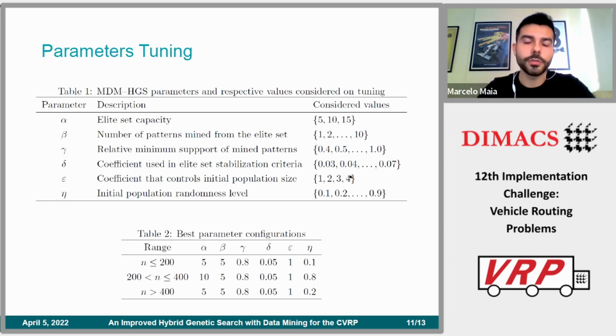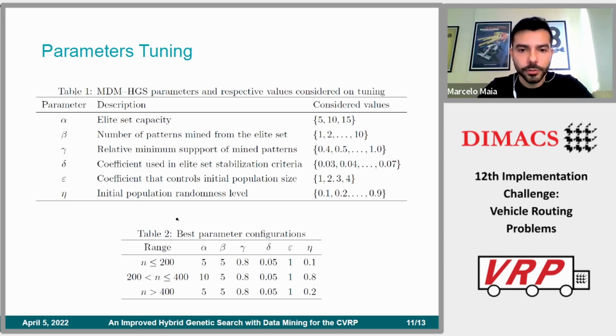The initial population in the original HGS-CVRP is 4 times the minimum population size. So we turned this into a parameter, so we could tune this. And the final one is the initial population randomness level, which is the portion of the initial individuals generated by the original method from HGS-CVRP, which is more random.